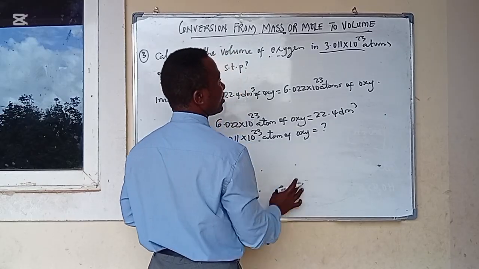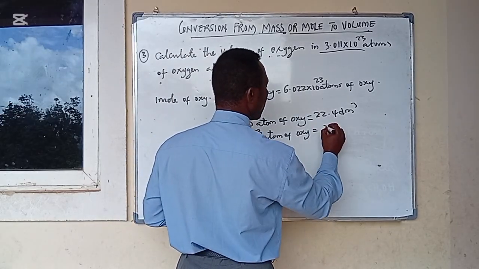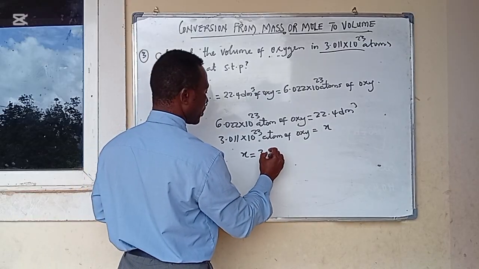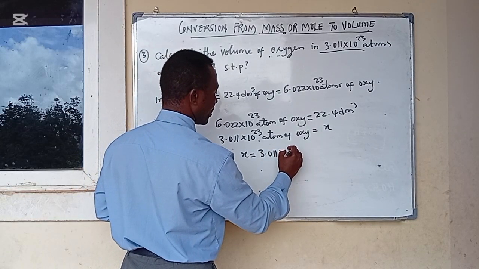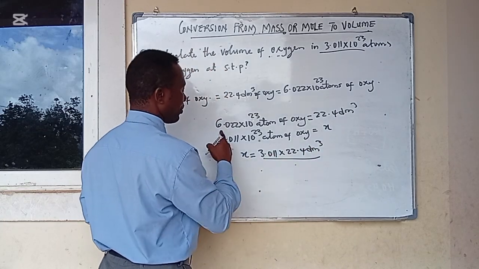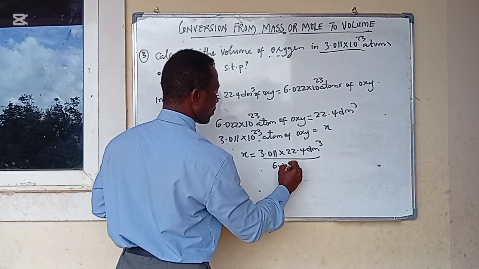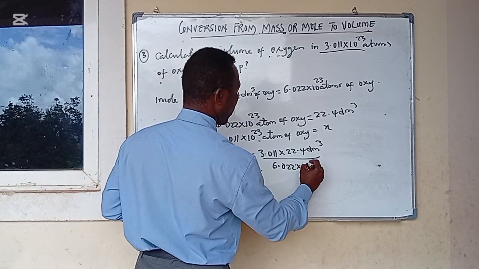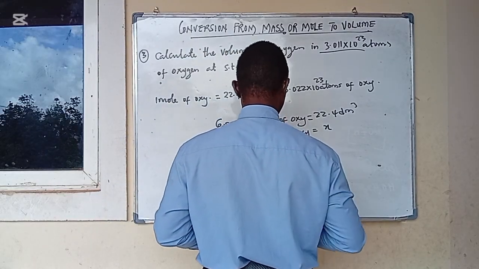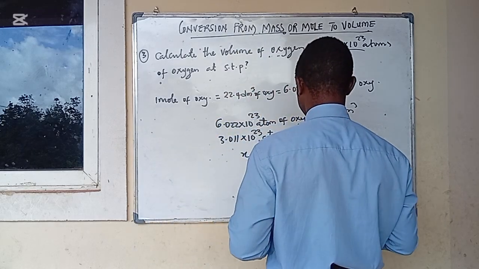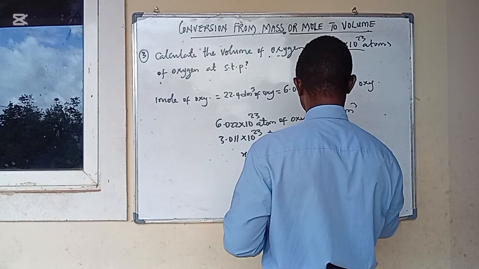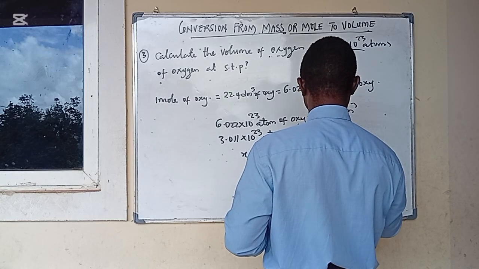Let us take it to be x. So x will be equal to 3.011 times 22.4 dm cube, divided by 6.022 times 10 raised to power 23. If you do the calculation, you'll get 11.2 dm cube as your answer.